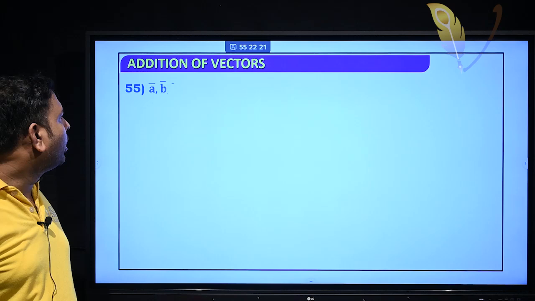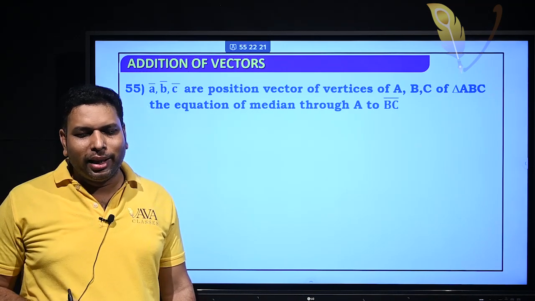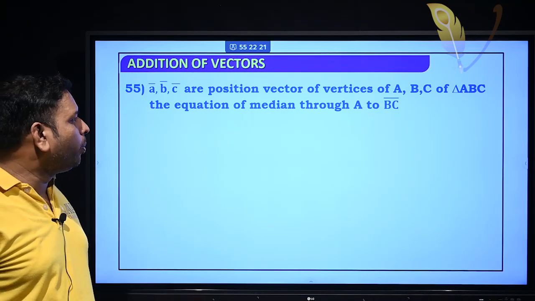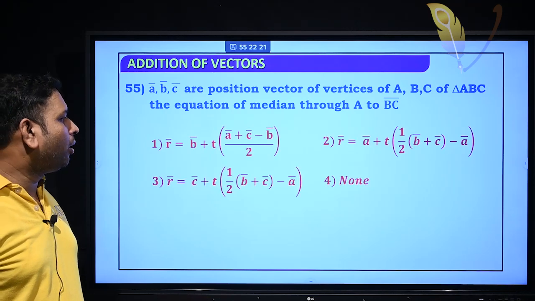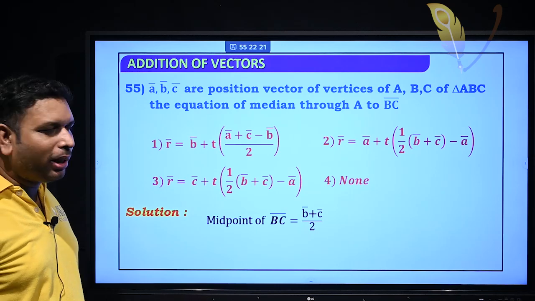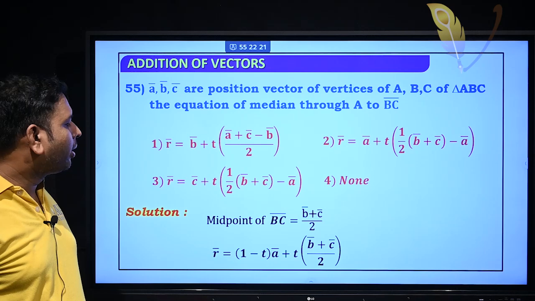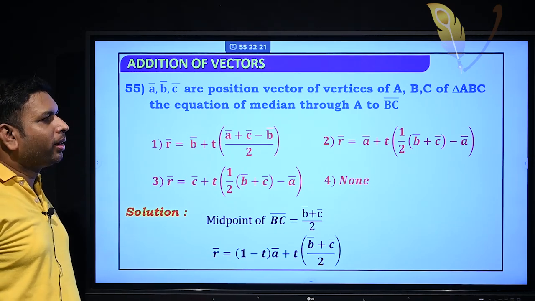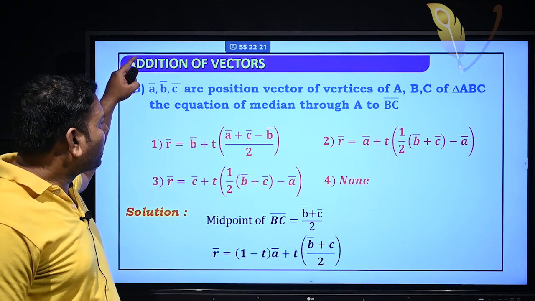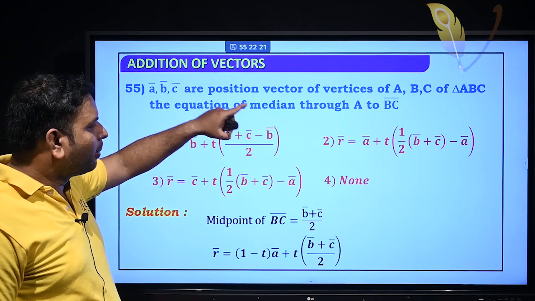Okay. Now question number 55. A, B, C are the position vectors of triangle ABC. The equation of the median through A to BC, these are the options. Now solution. Midpoint of BC is (B + C)/2 and r = (1 - t)A + t(B + C)/2 is the vector equation of the median passing through A and BC.